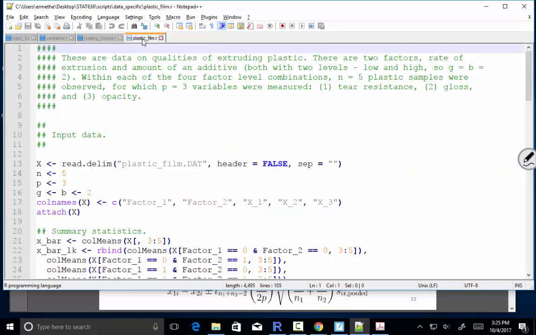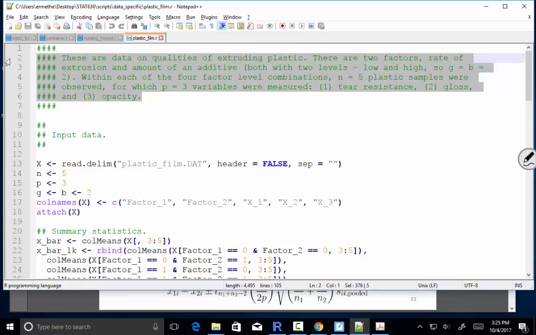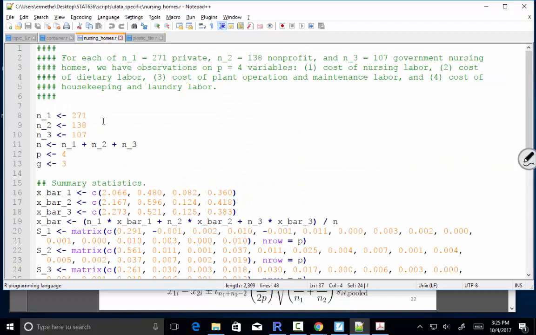The other script and data set that is relevant is the plastic film data. So these are data on certain qualities of a type of plastic. There are 2, quote, factors in this case. In the nursing home data, there are 3 comparison groups, and we can define the 3 comparison groups in terms of 1, quote, factor.